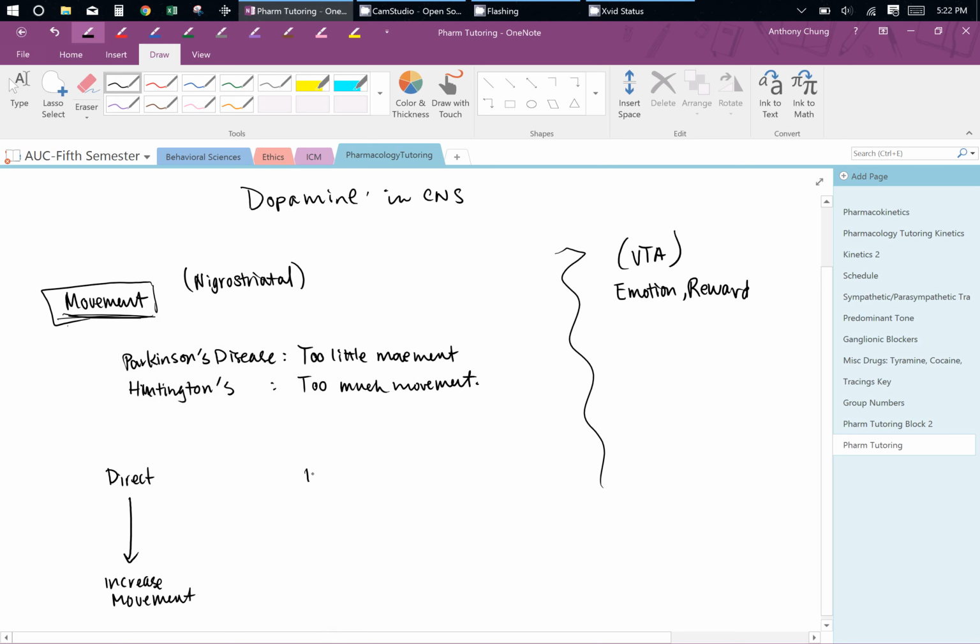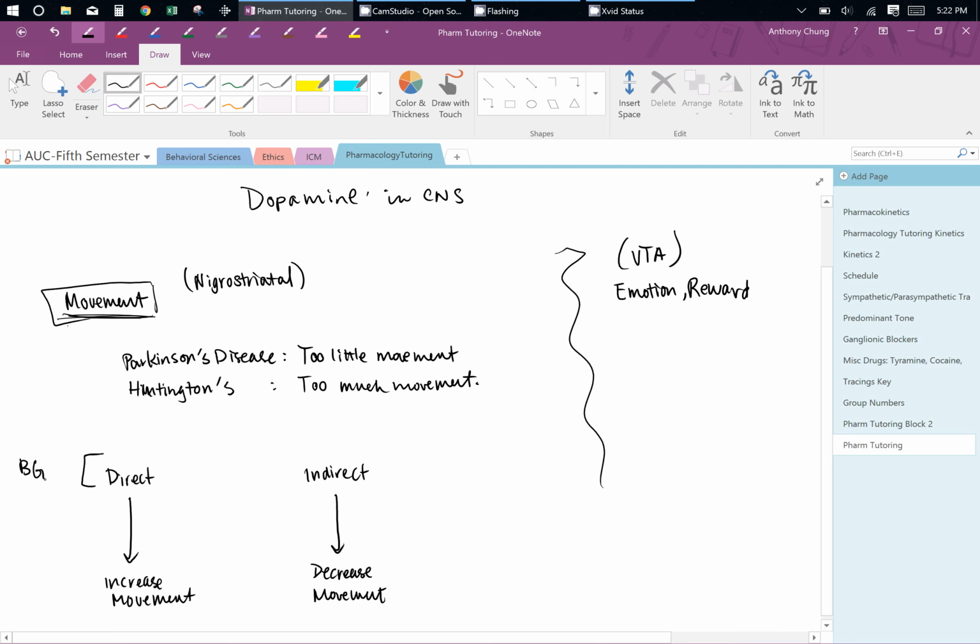And then the indirect, that's the one with a lot more neurons involved, and the end result of that pathway is decreased movement. This is something that's happening in the basal ganglia, and the disease process for Parkinson's comes in here.